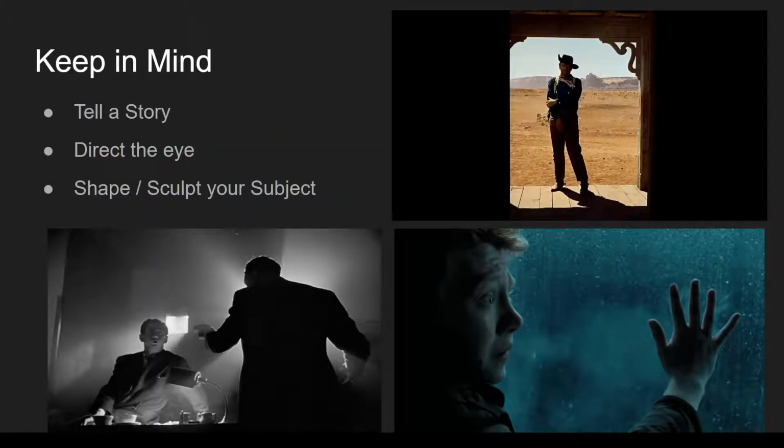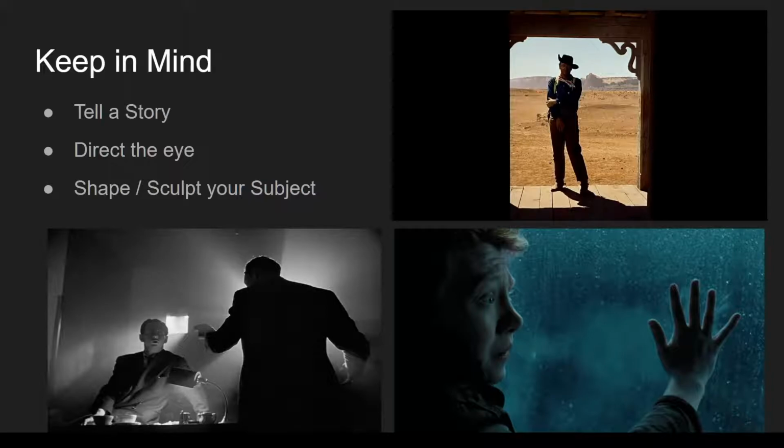We want to keep in mind that our lighting is meant to tell a story. That's the primary purpose: we're trying to help with the storytelling in our film. And we're doing that in three different ways that we mentioned before, right? We're telling a story by setting the mood, the location, and the tone for our shots through color, direction, and the softness or hardness of our lights.